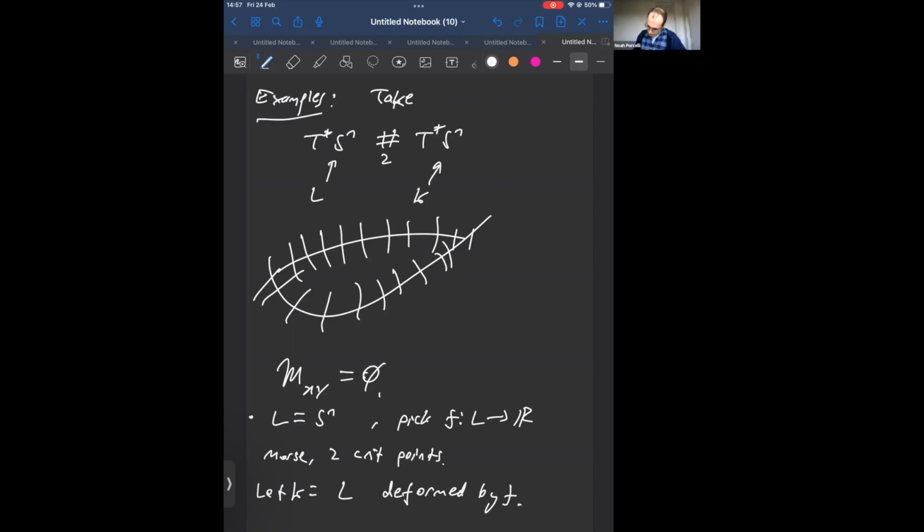And then MXY is the Morse flows from X to Y, which is probably going to be Sn-1, at least for the standard Morse function.